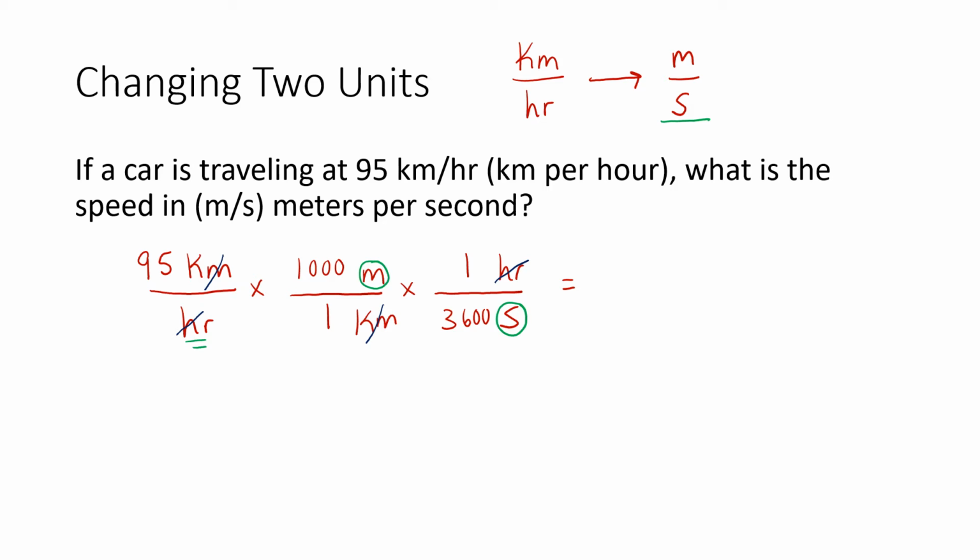And our final answer should be 26.4 meters per second. And if we were looking at significant figures, we could only keep 2, so it would be 26 meters per second.